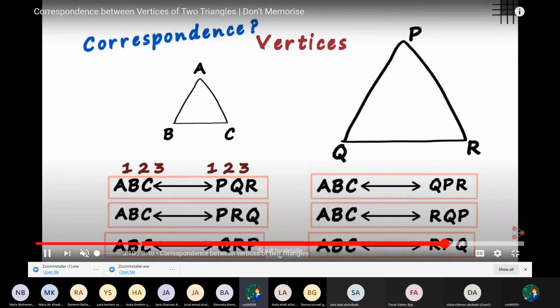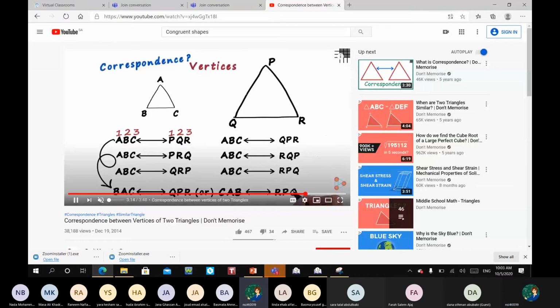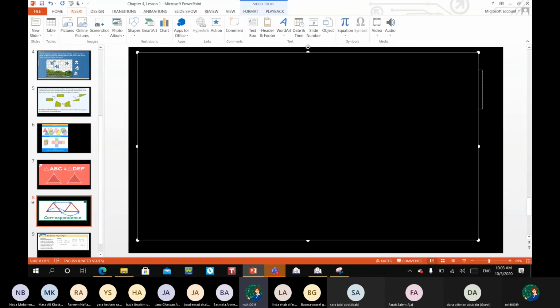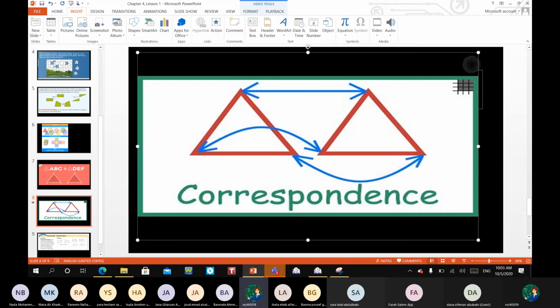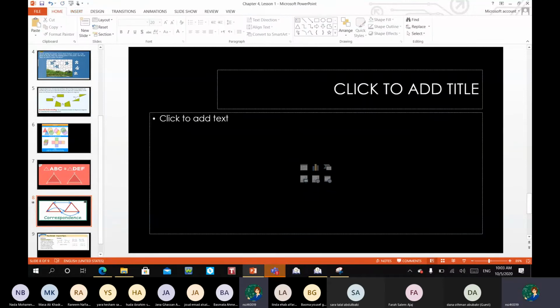Now look here. What does it mean? I mean that if you have this rectangle and another rectangle here, I want now to check the correspondence, or I want to make them corresponding.